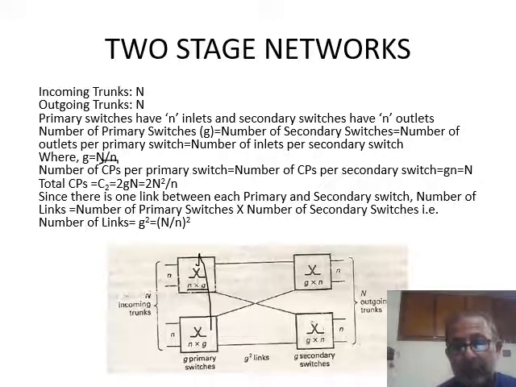So what we do is multiply capital N over small n by capital N over small n. So we get G square. This gives us the number of links in such a system.